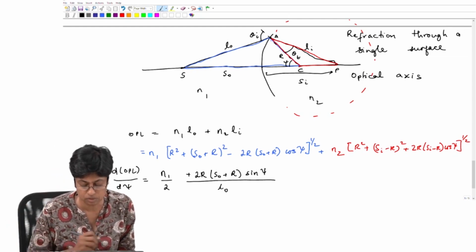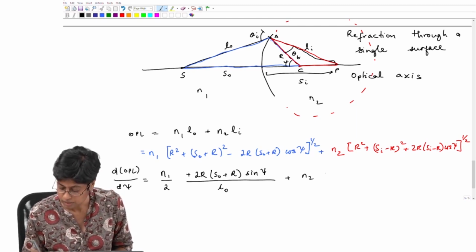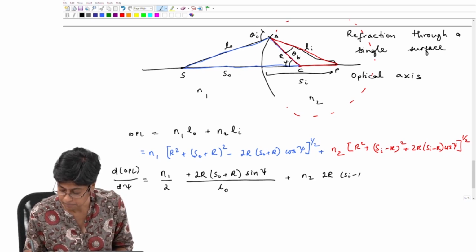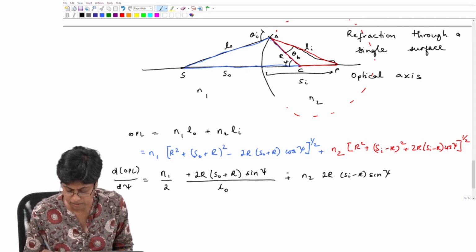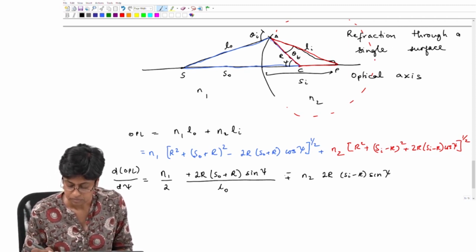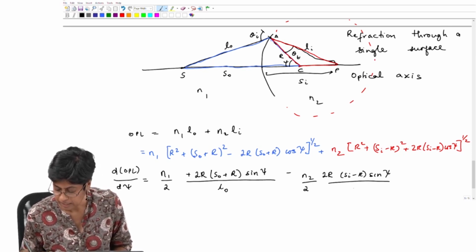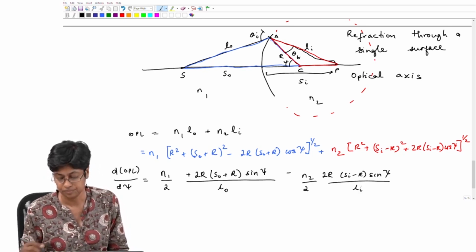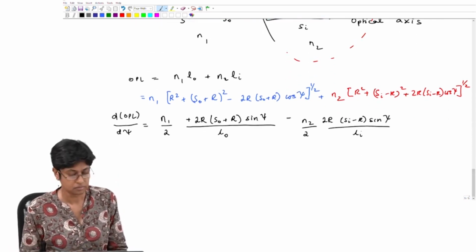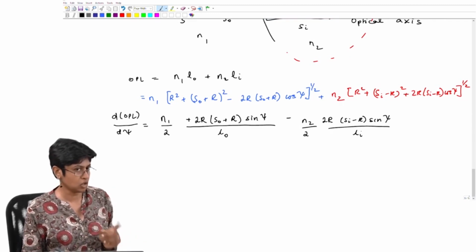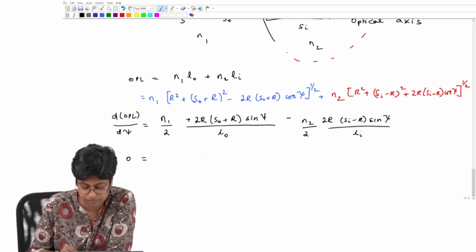So, I will just put L naught into the denominator, plus n2, here I will have 2r Si minus r sin psi, but I will have a minus sign over here, and again I have a 2 in the denominator and I have Li in the denominator. Yeah. We are minimizing this according to Fermat's principle. So, we are saying this has to be equal to 0. Okay.